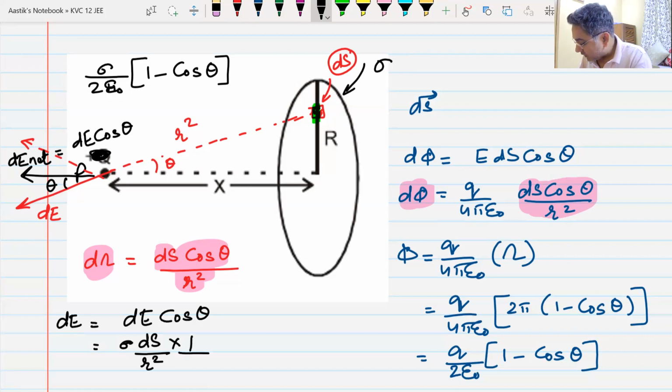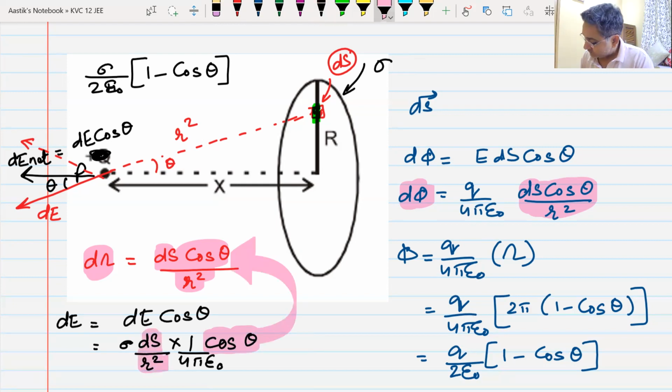K is 1 by 4 pi epsilon naught. K q by r square is the electric field due to a point charge. K q by r square multiplied by cos theta. To find out the total electric field, I have to integrate this. Once I integrate this, I see cos theta, I see ds, and I see r square. Basically, I see this. Yes or no?